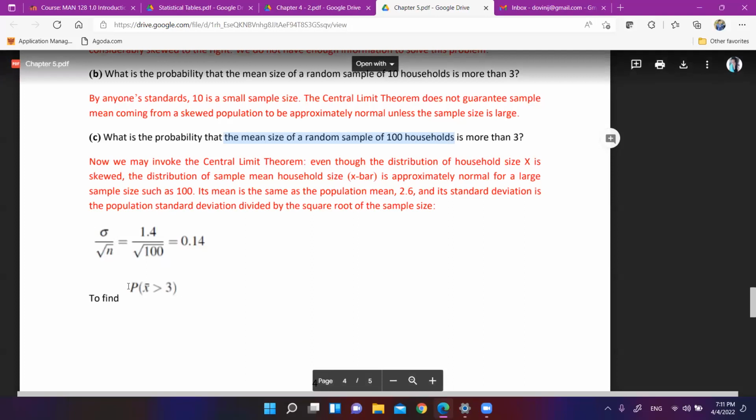So we are going to compute the probability that x bar is more than 3. I'll just write it for you.